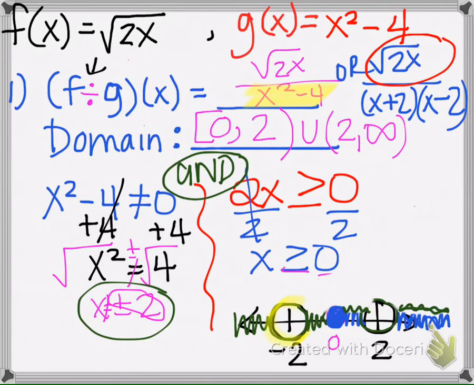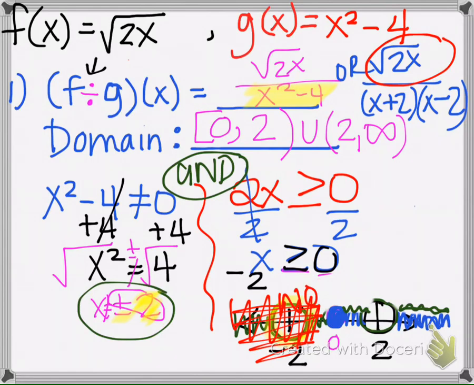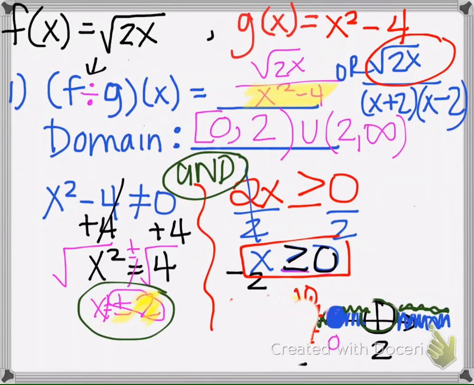So the reason why we don't need to include this -2 right here is because -2 can't go right here. -2 is not greater than or equal to 0. So none of these numbers over here will work because it says here that they have to be greater than or equal to 0. So we can eliminate this whole part of the graph.